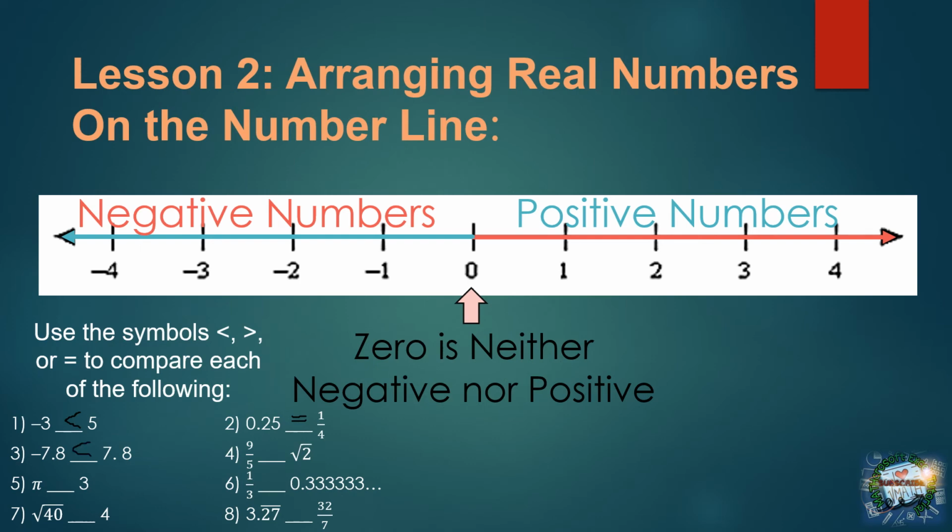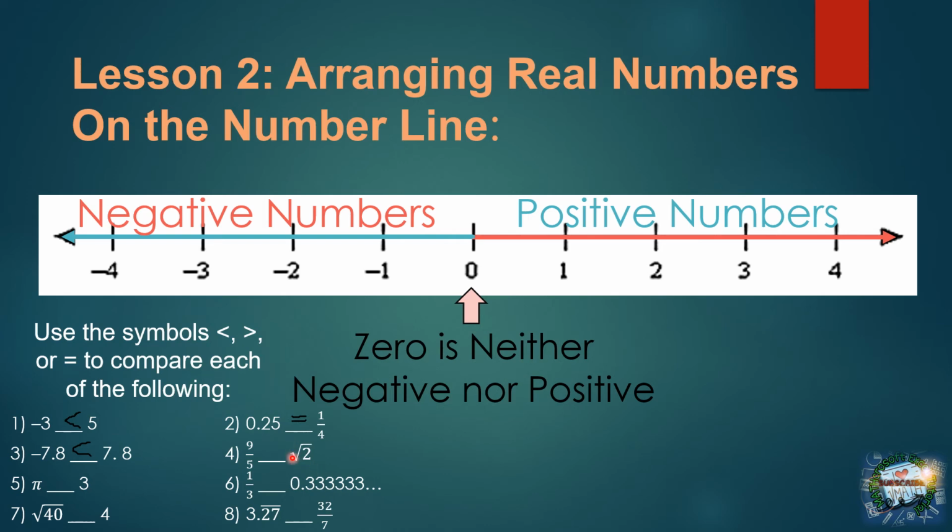So, this time, let's have number 4. Number 4, that's 9/5 and square root of 2. 9/5 is 1.8. Square root of 2 is approximately 1.414.